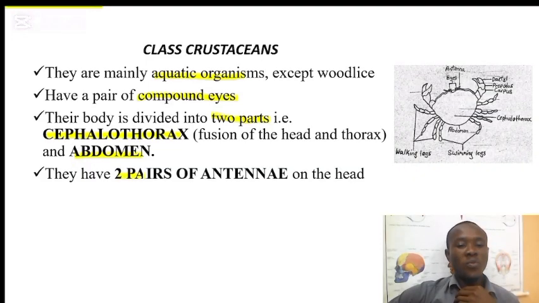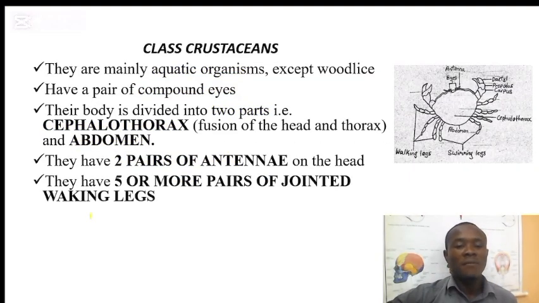Next, they have two pairs of antennae. The antennae are what they use for sensitivity to their environment. Next, they have five or more pairs of jointed walking legs. For example, in the crab here, there are five pairs of jointed walking legs.